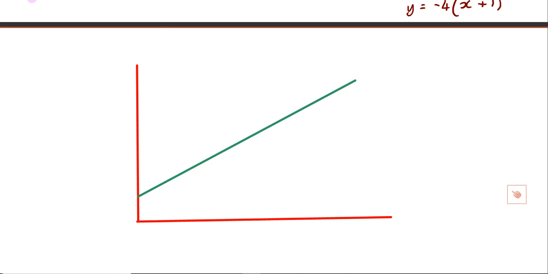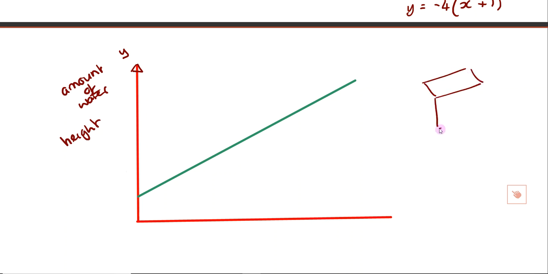Okay. So I said to you, this axis would be the what axis? It is the y-axis when we have nothing to put in it. What about the water? Okay. So let's say the amount of water. So we could say that as the height of the water in a tank. So let's say we have a tank of water, yeah?